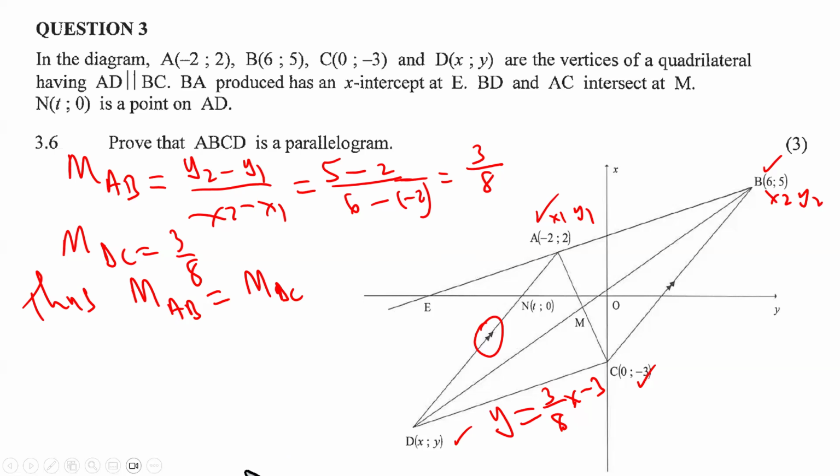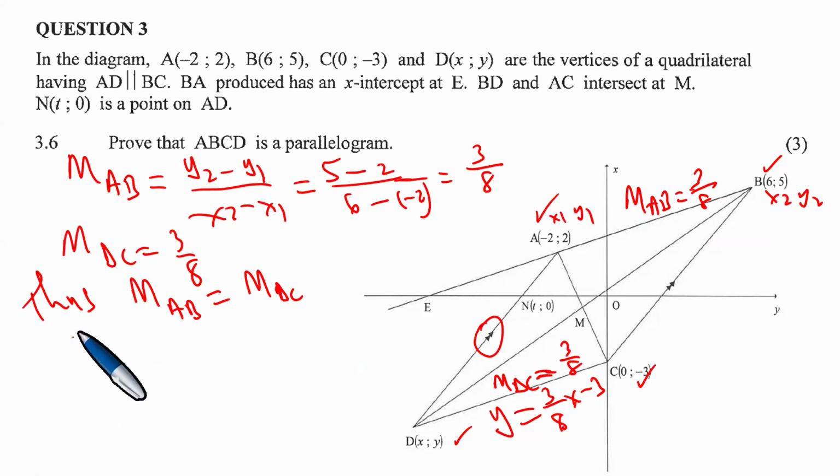There are a couple of things at the heart of the operations. Because the gradient of the line AB is 3 out of 8, and also the gradient of the line DC is 3 out of 8, these gradients are equal to each other.